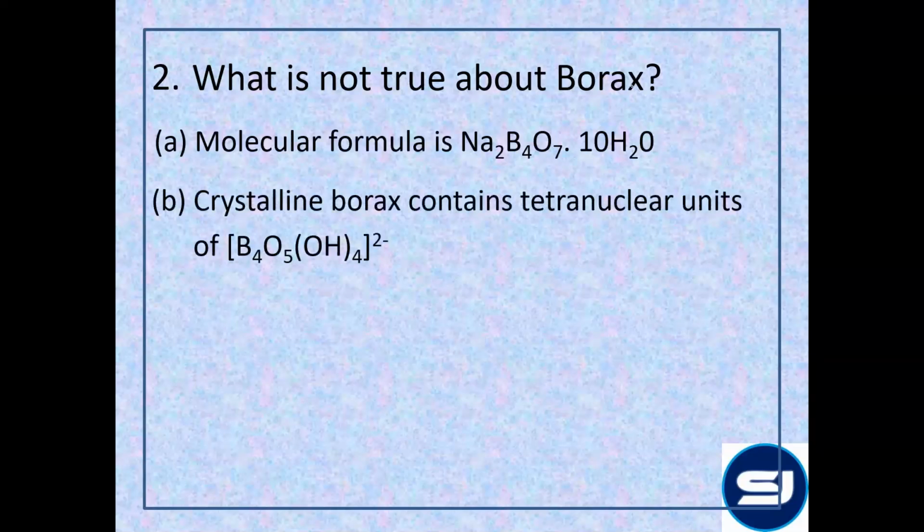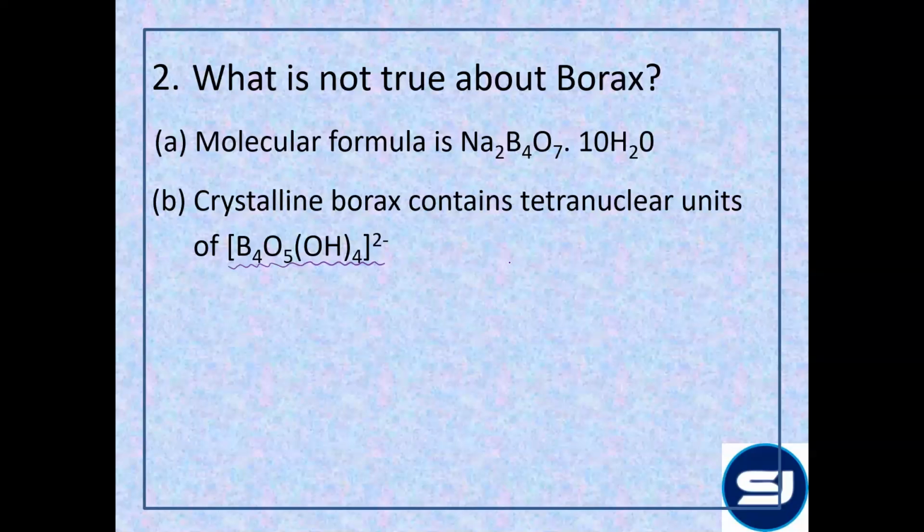Crystalline borax contains tetranuclear units of [B4O5(OH)4]2-. Is this correct? Yes. What was the structure of this anion? What special thing was present in this structure? B-O-B linkages.